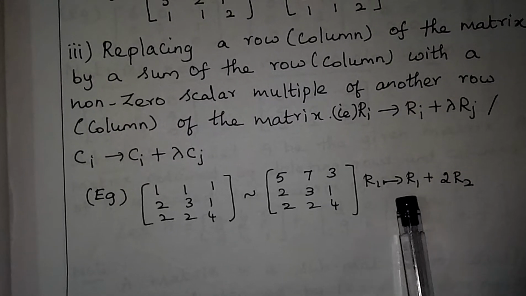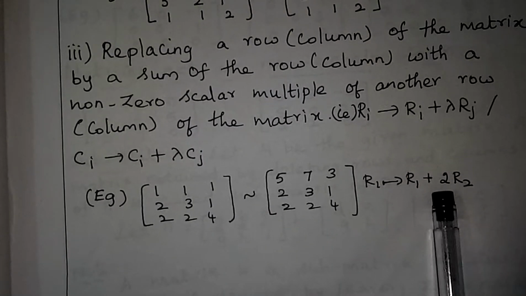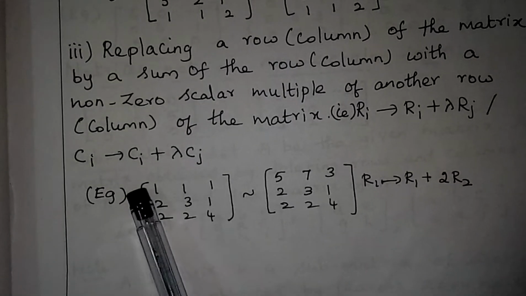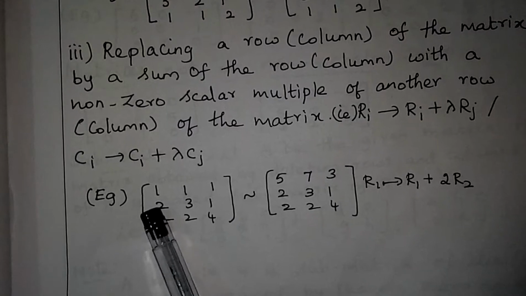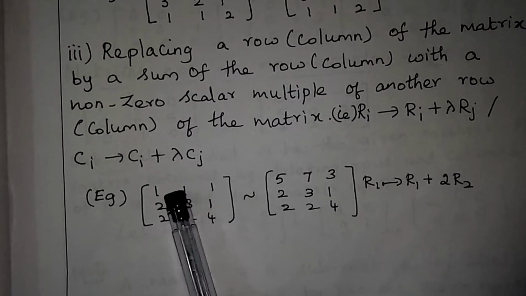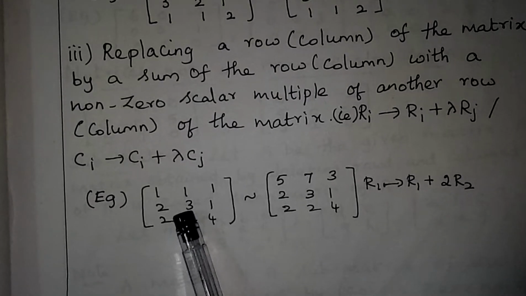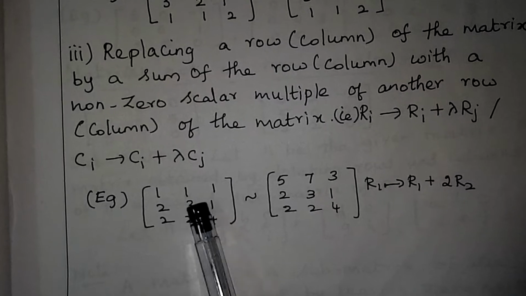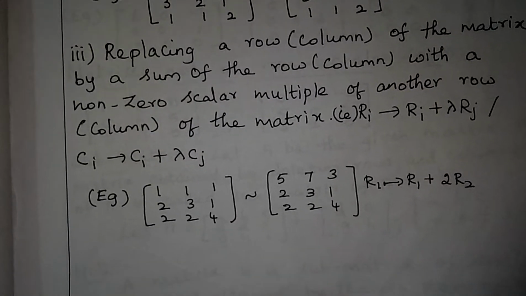The first row can be written as first row plus the non-zero scalar, I am taking it as 2, 2 times the second row. So first you take the first row element plus 2 times the second row element. So 2 into 2, 4, plus this one, 5. Then 1 plus 2 into 3, that is 6, so 1 plus 6 is 7. Then 1 plus 2 times R2, 1 plus 2, it is 3. So these two matrices are equivalent.